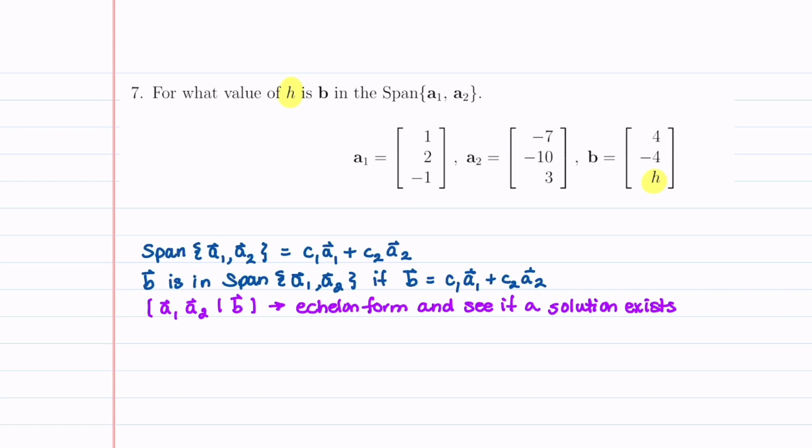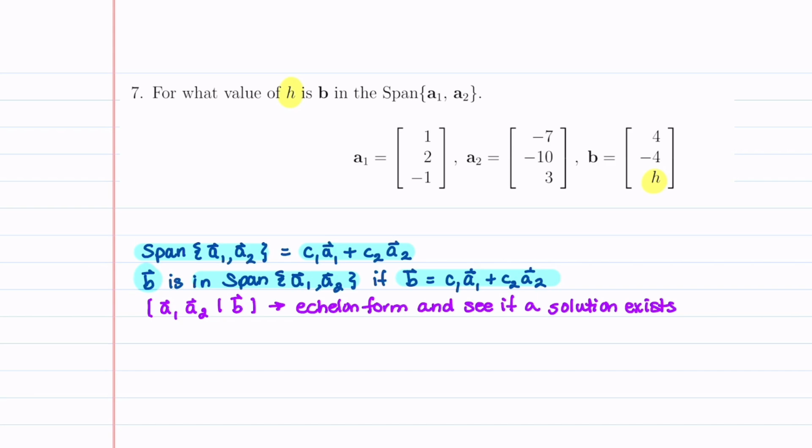Let's talk a little bit of theory before we go ahead and solve this. The span of a1 and a2 is just all the linear combinations of a1 and a2, and we can write that as c1a1 plus c2a2. Our vector b is then in the span of a1 and a2 if b can be written as a linear combination of a1 and a2.